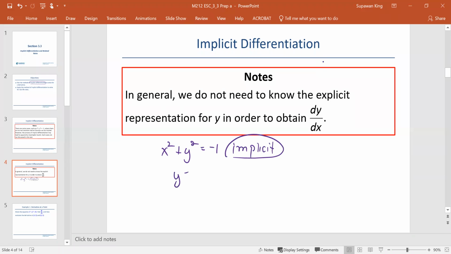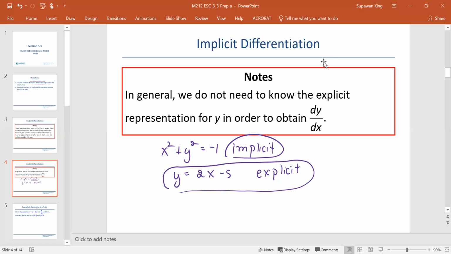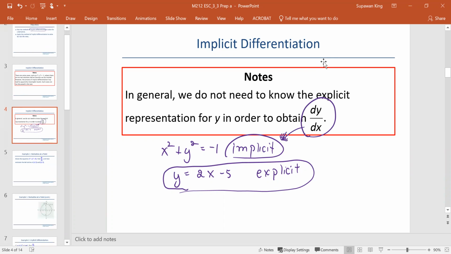If we have y equals 2x minus 5, this one is called explicit. In the past, we have dealt with the derivative of explicit terms. In this section, we will find the derivative dy by dx where the function is in the form of an implicit function.